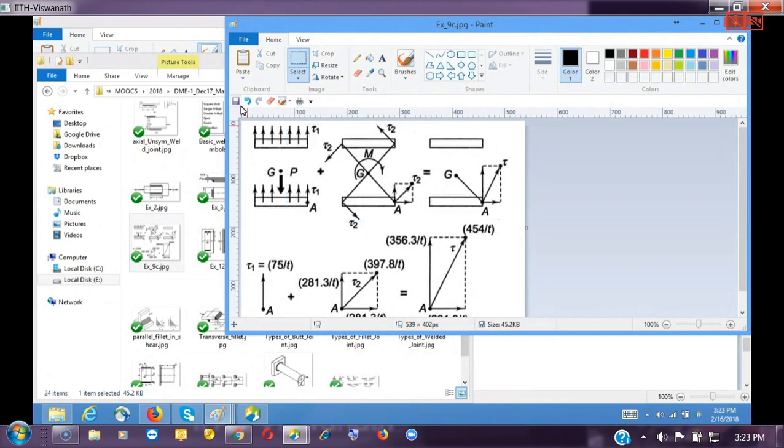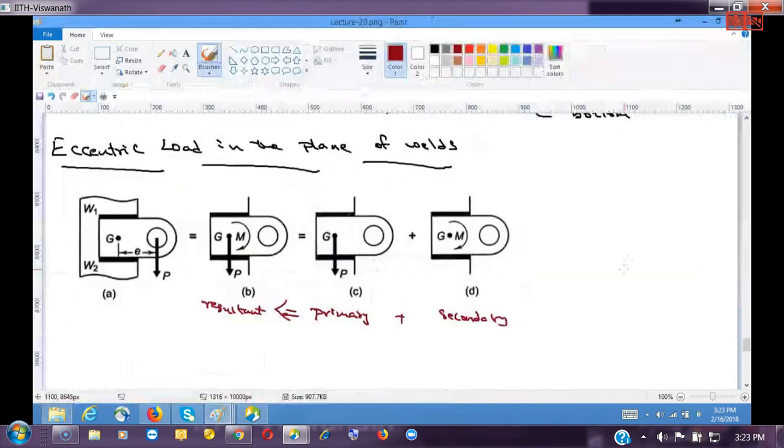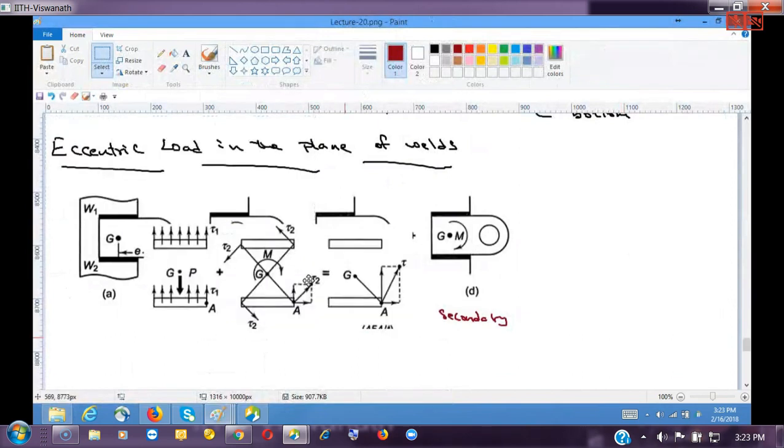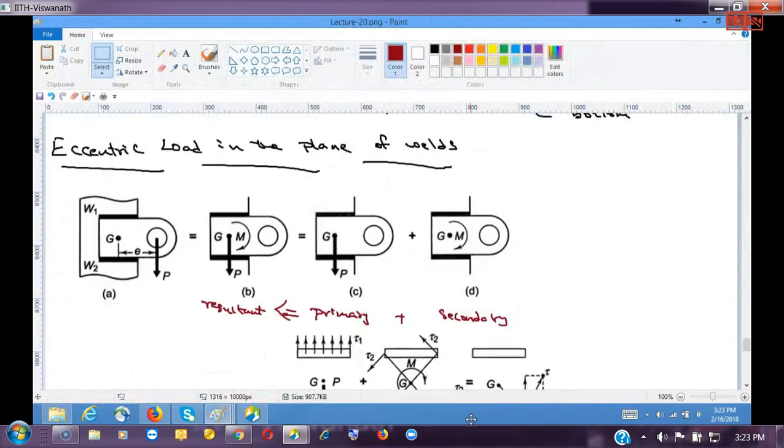The primary shear stress is obtained by this load P acting here, which is tau 1, and tau 2 is obtained by the moment acting because of the eccentricity, and then the resultant is tau. So let us calculate these things.